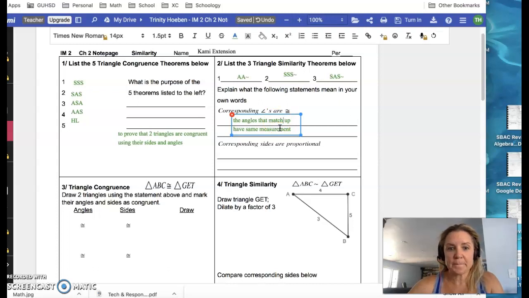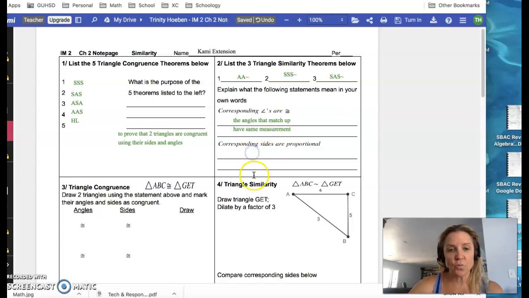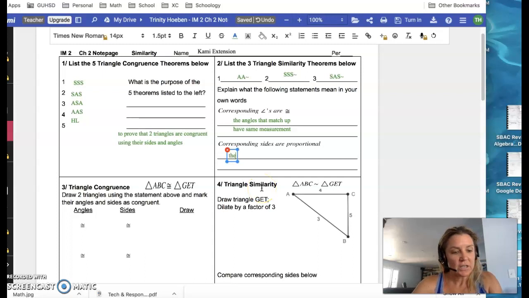And then, in your own words, what does it mean to have corresponding sides that are proportional? The matching sides can be set up in a proportion.